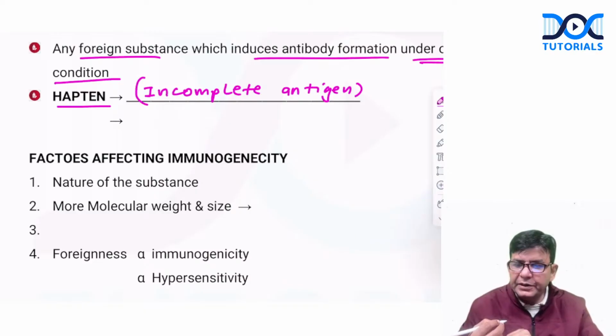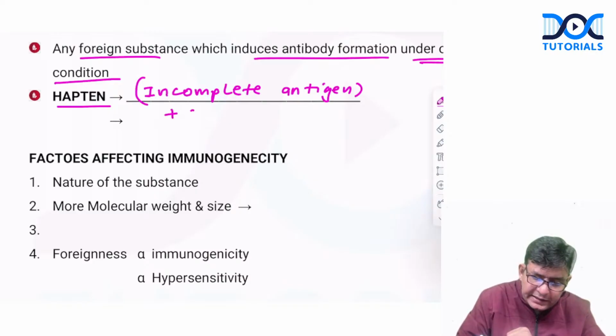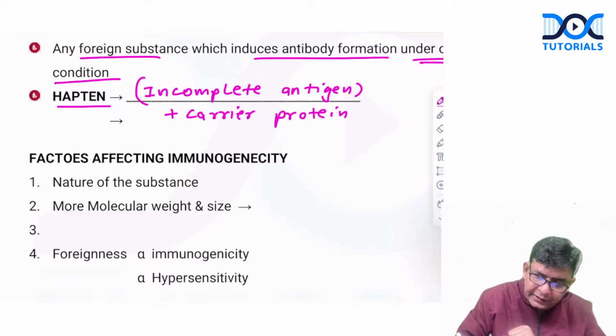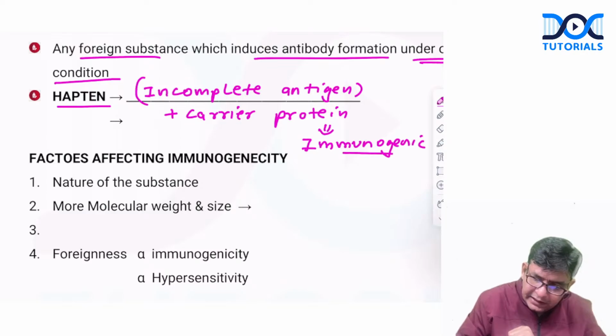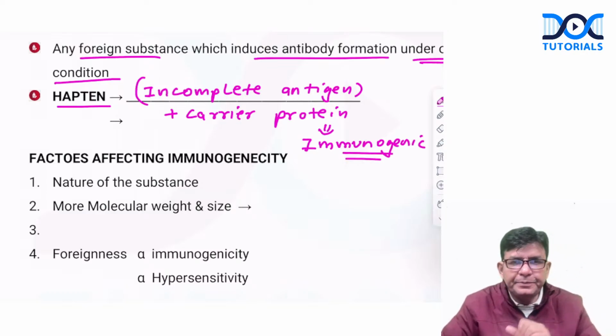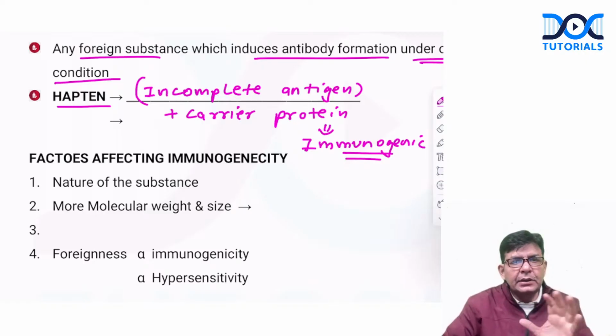What does it need? It needs a carrier protein, and then only it is immunogenic. And you have got the idea of what immunogenic is: it is that which induces antibody formation.